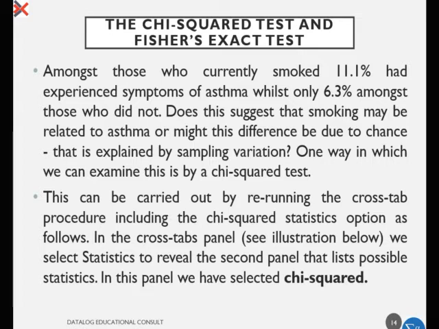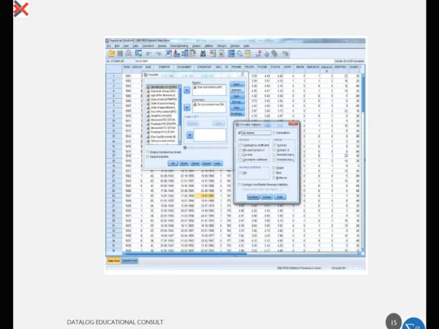This can be carried out by rerunning the cross-tabulation procedure, including the Chi-square statistic option as follows. In the cross-tab panel, you see an illustration in the next slide. You will select statistics to reveal the second panel that lists possible statistics. In this panel, we have selected Chi-square. So we are going to select Chi-square in our next step. We want to get more inference about our data.